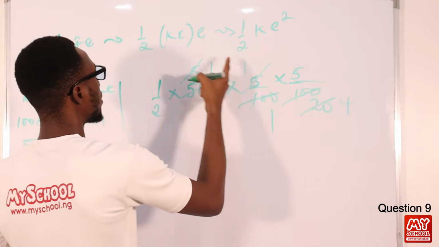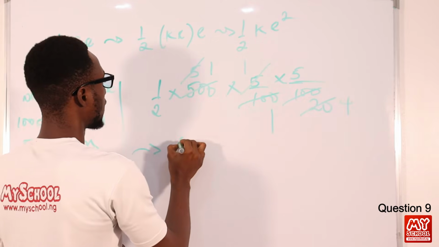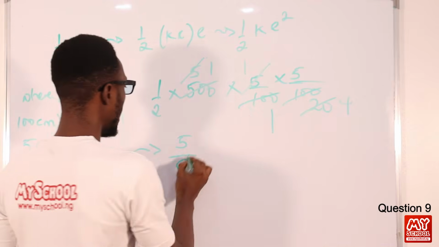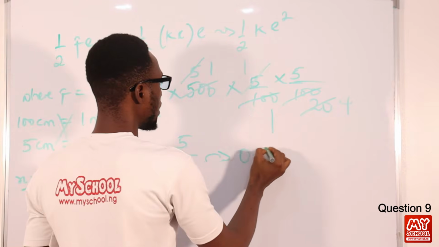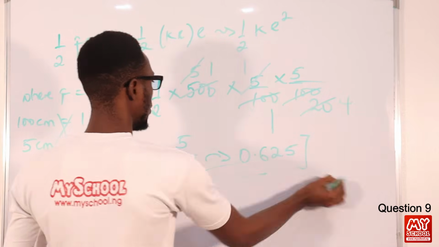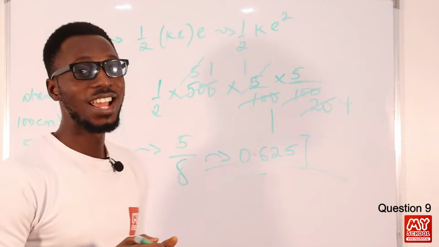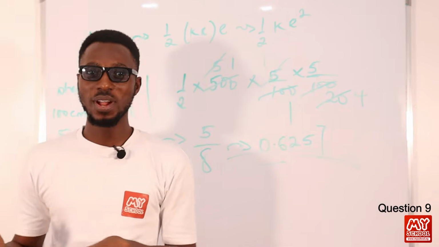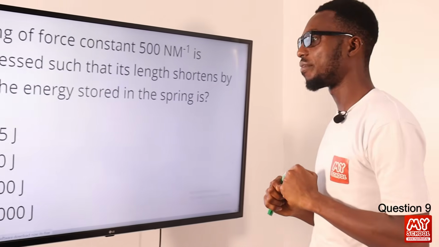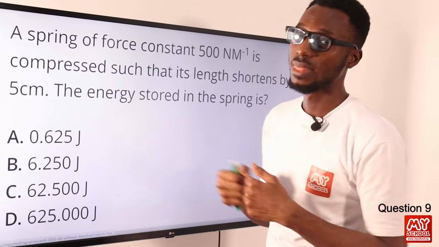So 5 times 1 times 1, I have 5 over 2 times 4, that is 8. 5 divided by 8 should give me 0.625. Remember the units, joules. So this should be your answer, 0.625. Let's go back to the screen together. Okay, so we have a confirmation right here. So option A is the right option.